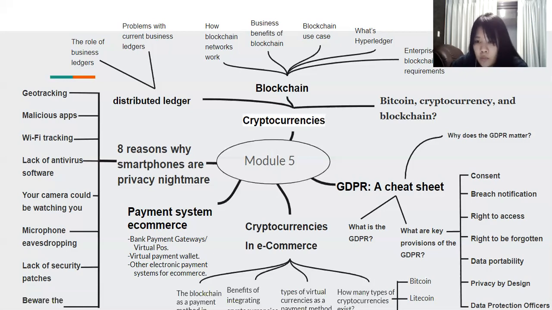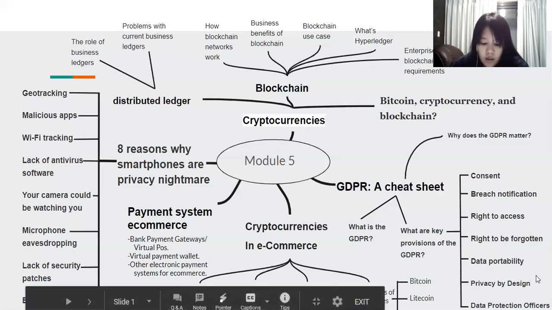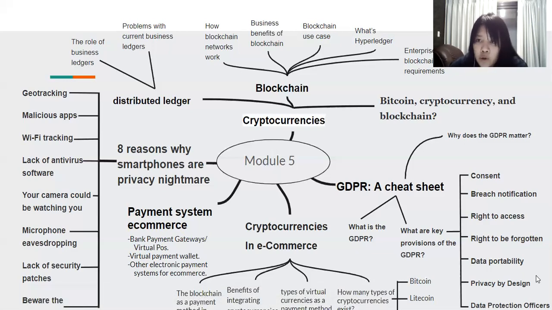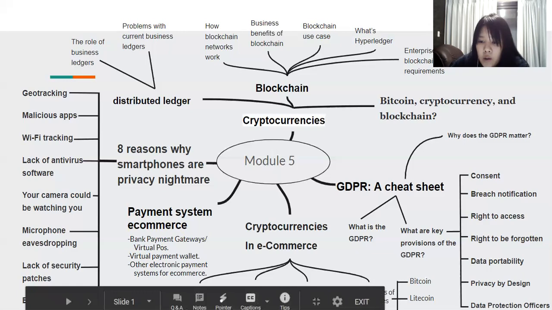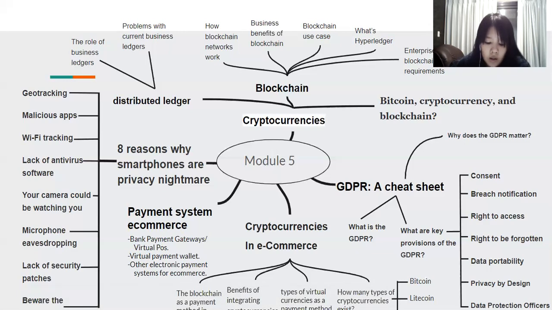And the next one is privacy by design, which limits the personal data one can pursue. The last one we have is data protection officers. These enterprises must designate a DPO to oversee GDPR application, and it also protects personal data.